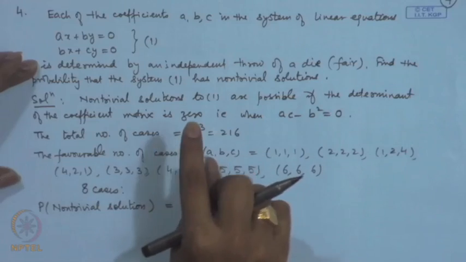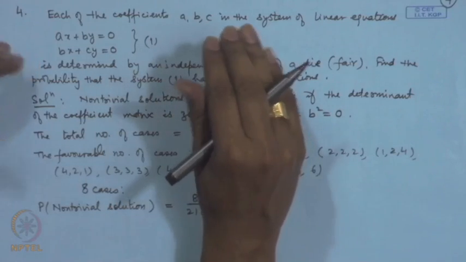Here you observe, we have made the assumption that the die is fair, that means each face has the same probability of coming up. The throws of the dice are considered to be independent, and we have just applied the classical definition of probability for evaluation of this particular probability.